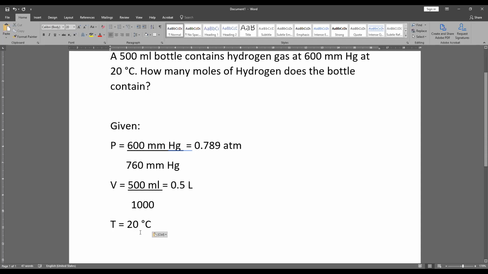But since we need to convert this one into Kelvin, we will add 273. This is equal to 293. 273 plus 20, this is 293 Kelvin. Correct?